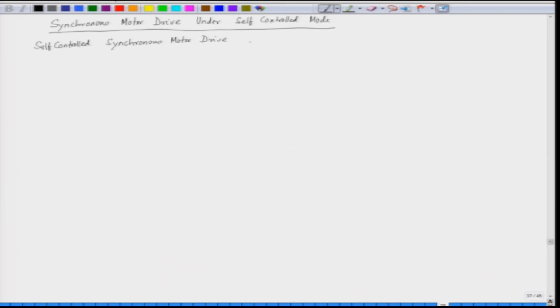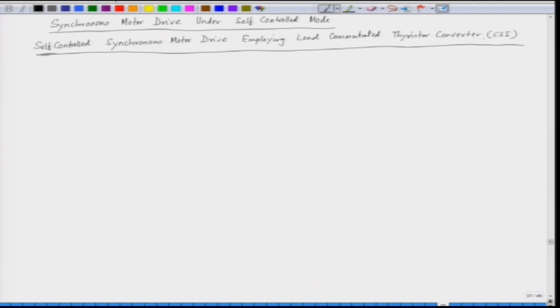Let us see a self controlled synchronous motor drive employing a load commutated thyristor converter, which is a current source inverter.